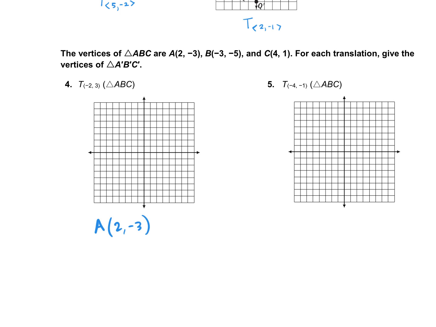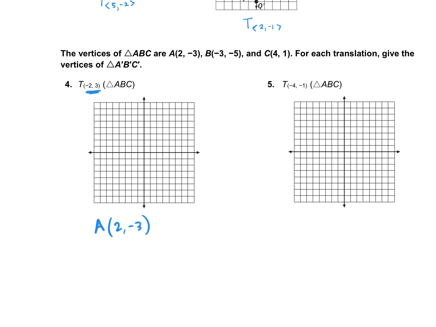So we can take our translation rule. That negative 2 means we're going to do a horizontal shift, which shifts your x values negative 2, or 2 units to the left. So we could draw this out, and we just did some with drawings up above. You could plot those points and do the shifting, but here's the math. Here's a math way to do it.